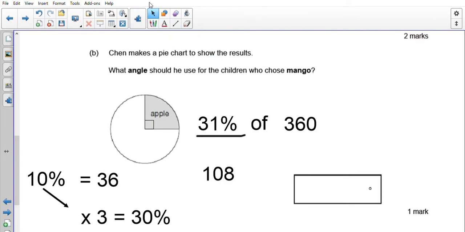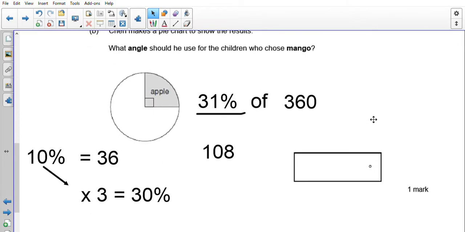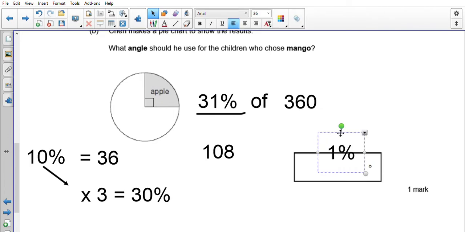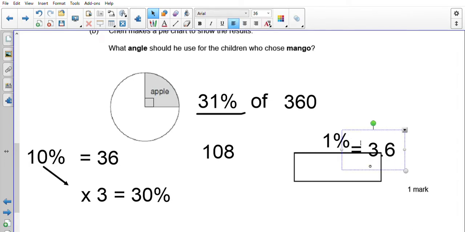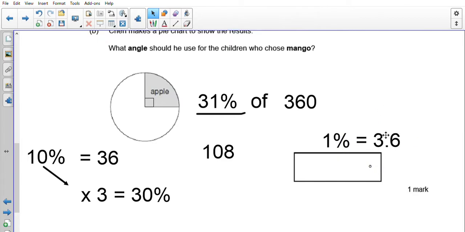So what I actually now need to do is work out 1%. Okay, so if 10% is 100% divided by 10, 1% is 100% divided by 100, which means that 1% of 360 is 3.6 degrees. Okay, 360 divided by 100 is 3.6. That gives me 1%. 1% of a full turn is 3.6 degrees.